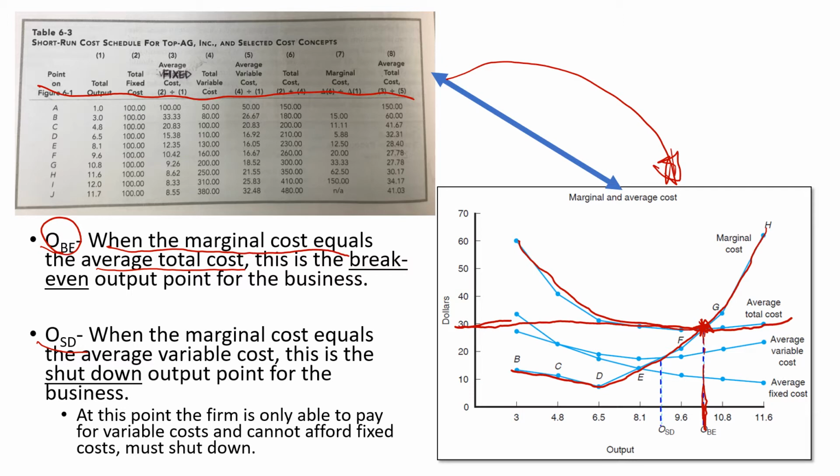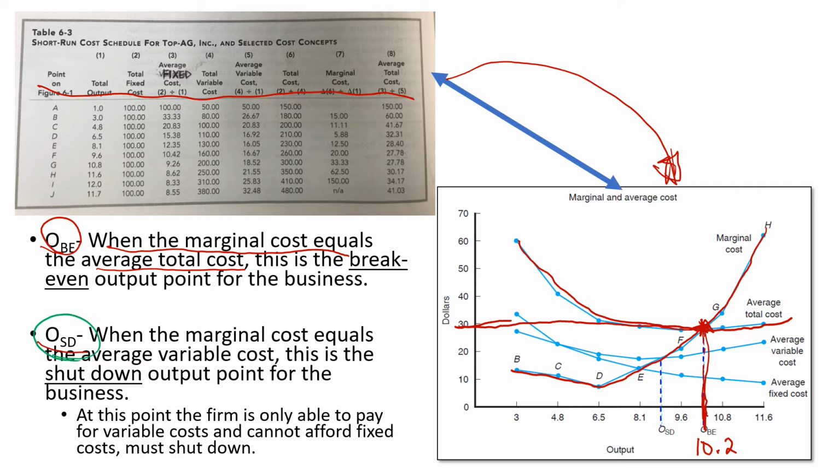So if we're charging $30 per product and we are producing, this is probably close to 10.2 units, then the firm is bringing in as much money as they are making by selling their product. Now, this makes sense because we will learn later how marginal revenue relates to this, that we're bringing in the same amount of money as it is costing us.